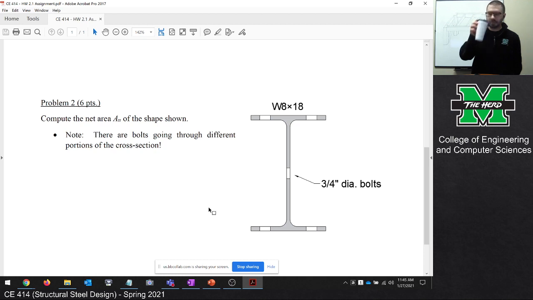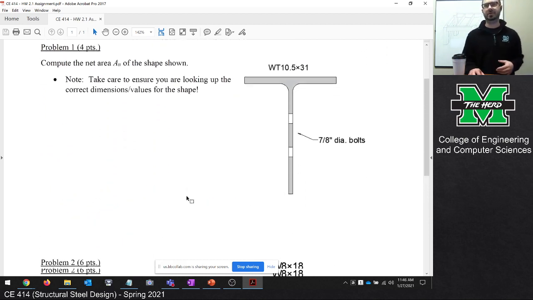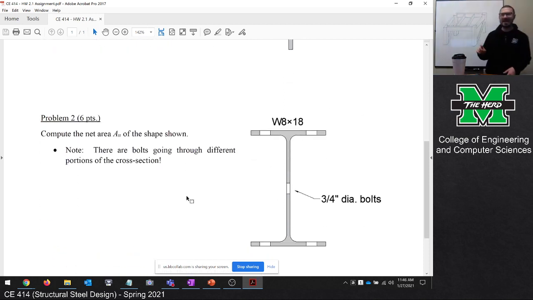Dr. Michelson, can you just say real quick what the 8 and the 18 mean in W8 by 18? Sure. To be clear, it means the same thing up here too. The 8, the first number, is about how deep it is.